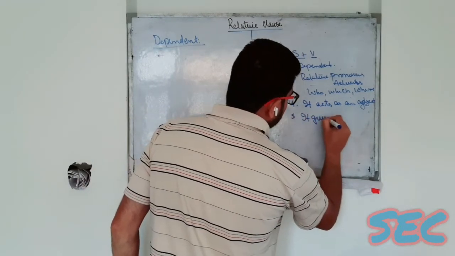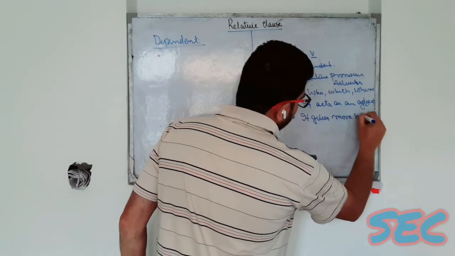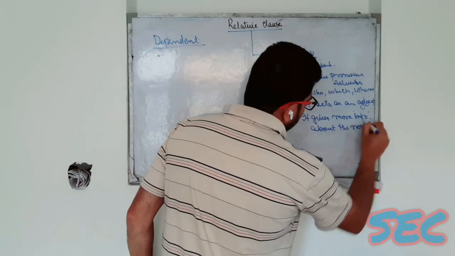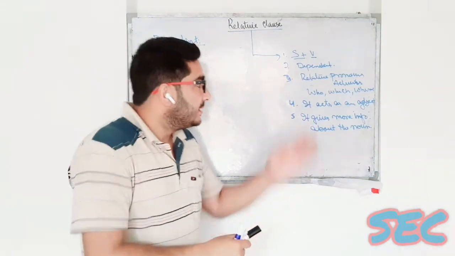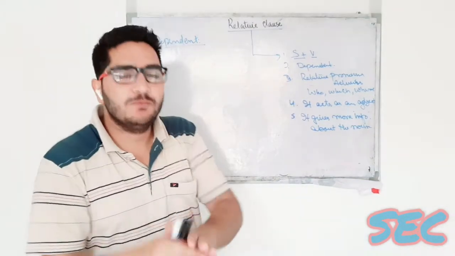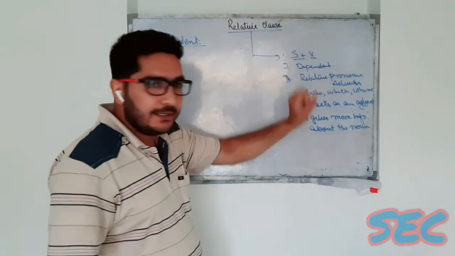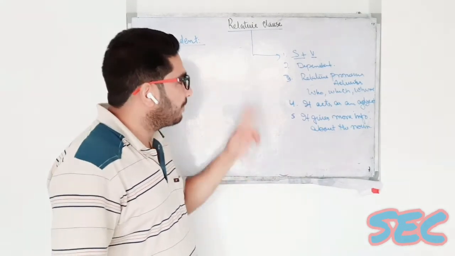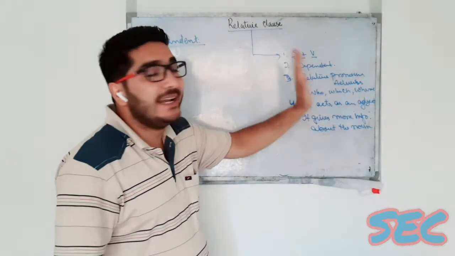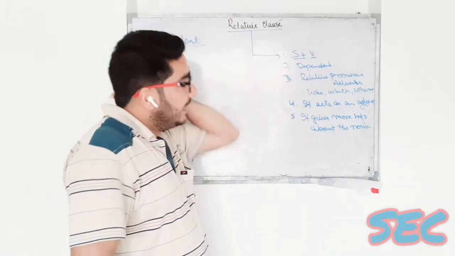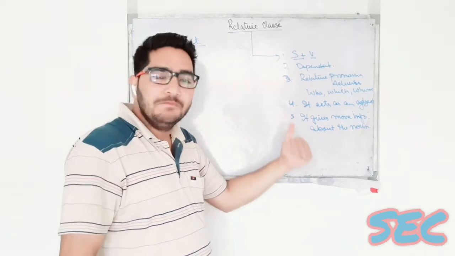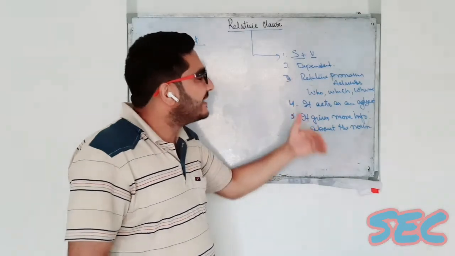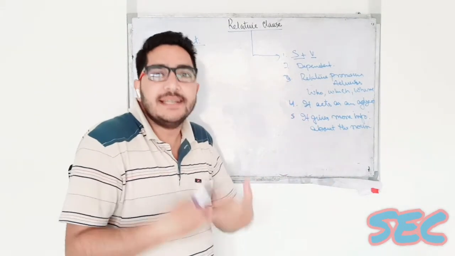It gives more information about the noun. It is one of the dependent clauses that cannot stand on its own, and it uses relative pronouns and adverbs like who, that, whom, whose, which, where, when, etc. And it acts as an adjective. It is sometimes known as an adjective clause.